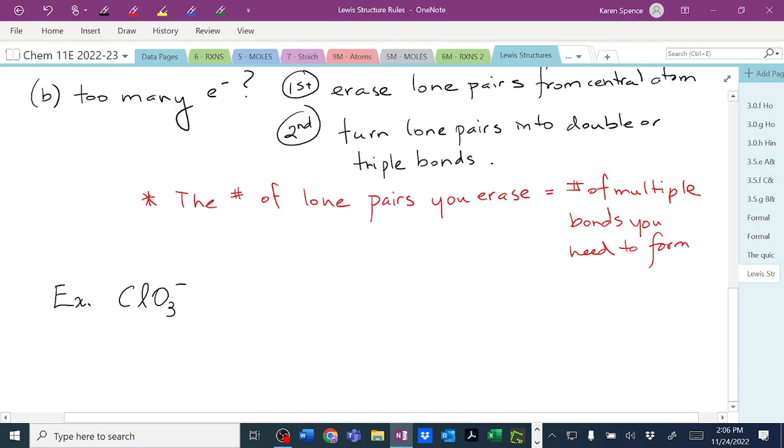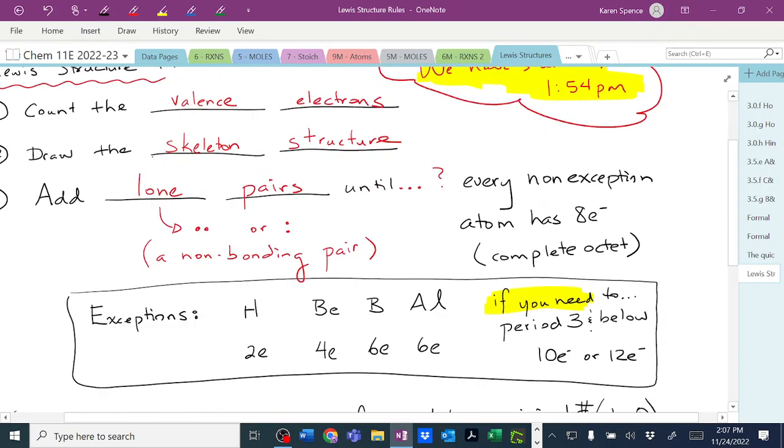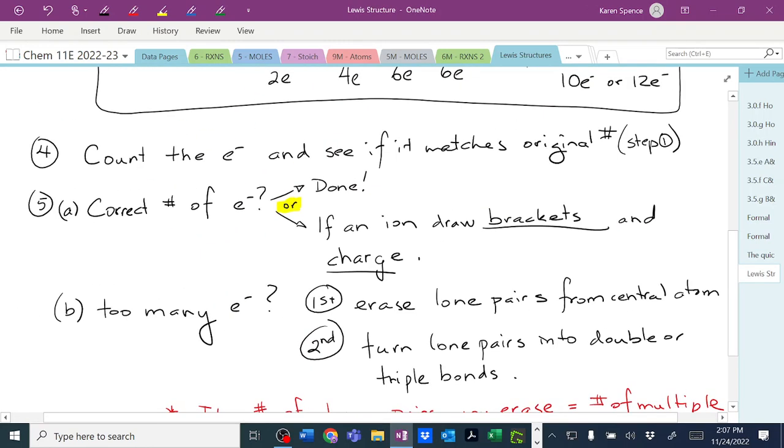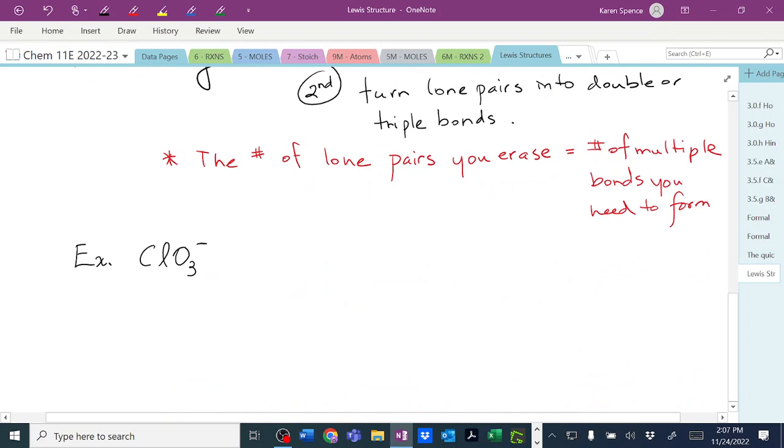So, step number 1, what are we finding in step number 1? Count the valence electrons. And there are many ways to do this. I'm going to show you a very methodical way of doing it so you can do it without making mistakes. Okay, so we have 1 chlorine and we have 3 oxygen.